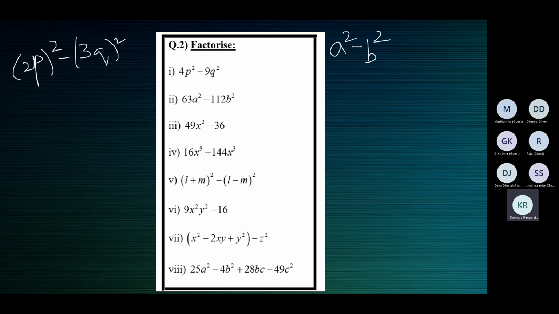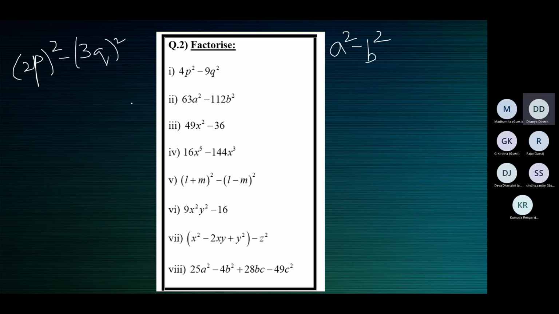Okay, the second one, 63a square minus 112b square. Now, for 4 and 9, what is the HCF? 1. They have nothing in common. Am I audible and clear, children? Yes, ma'am.